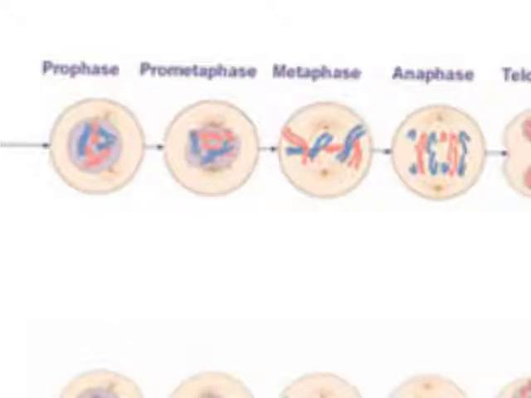It's visible under a microscope. During the metaphase, the fibers are going to connect to that mitotic spindle and they start to form an equator within the cell.